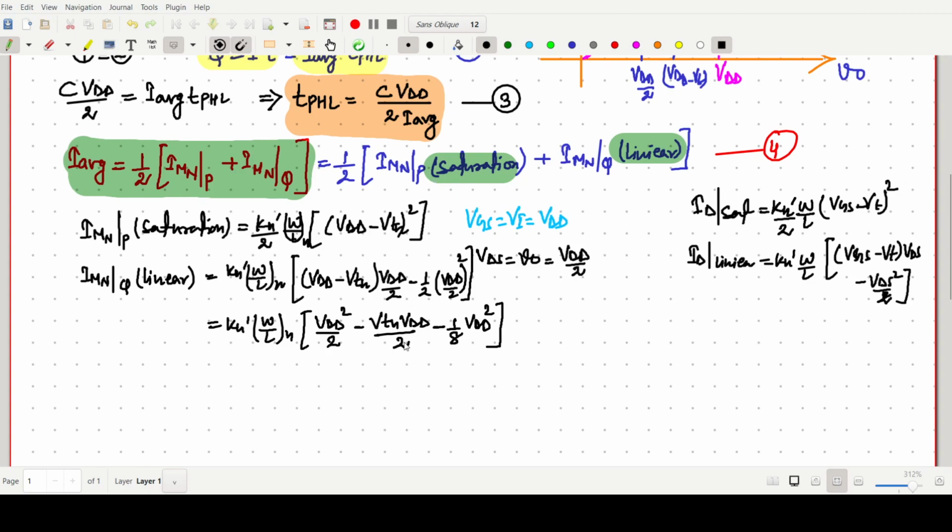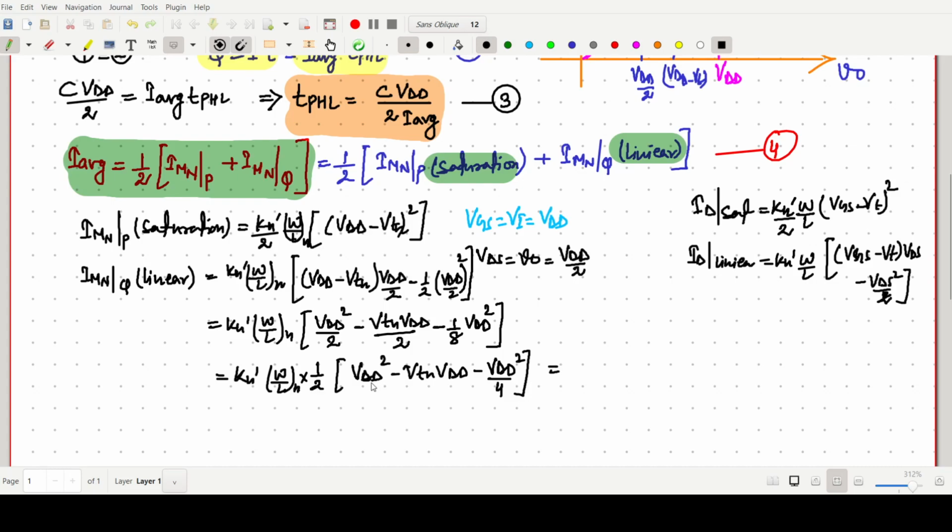Now what we can do, if we take 2 common, W by L of N into 1 by 2, it should be VDD square minus VTN VDD. We have to be very careful in some situations when solving this type of equation. So this should be VDD square by 4.